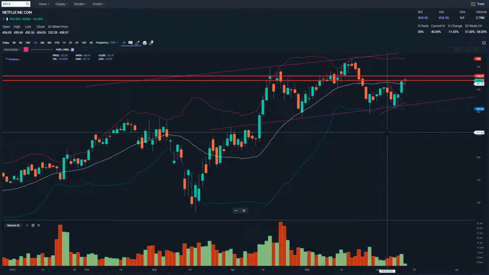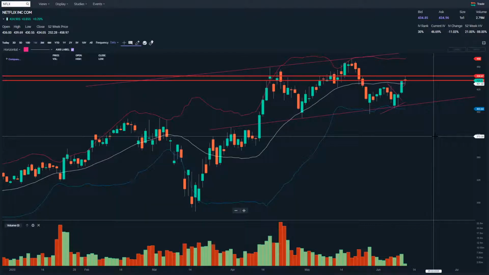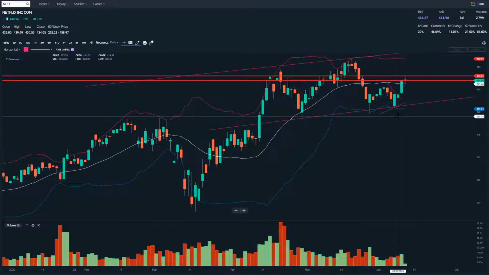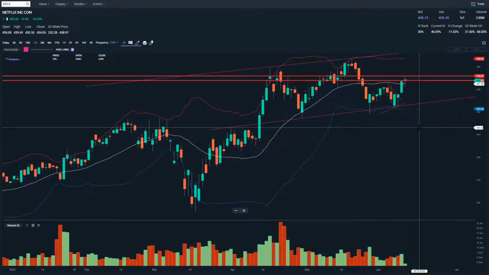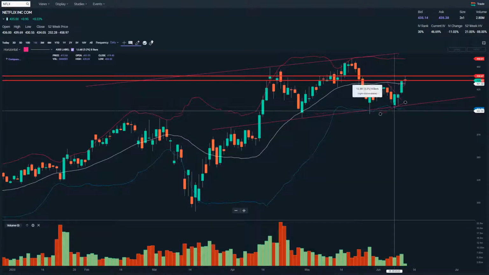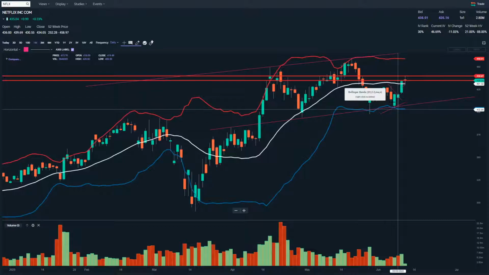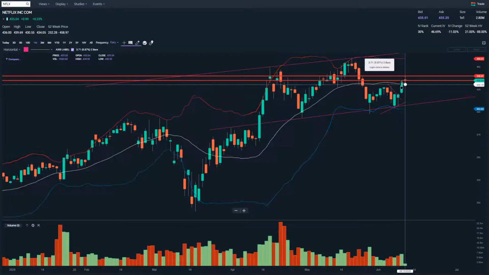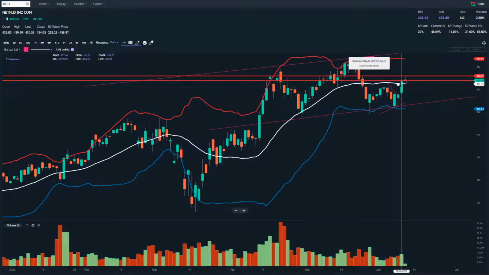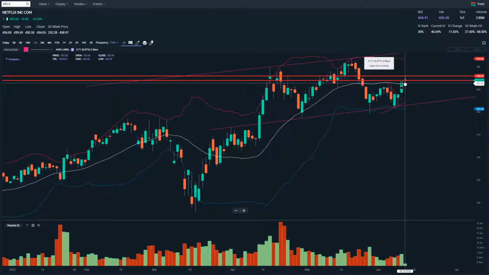So I'm doing a third video on that because this is a good example of a couple of things. This turned into an ideal long setup, and I should have seen that here. I should have been out of that trade here. I actually got out of the trade here for basically break even.